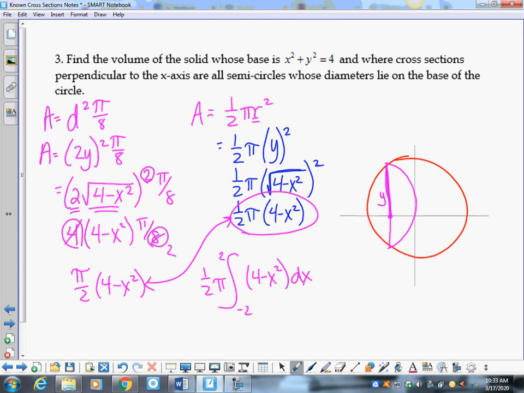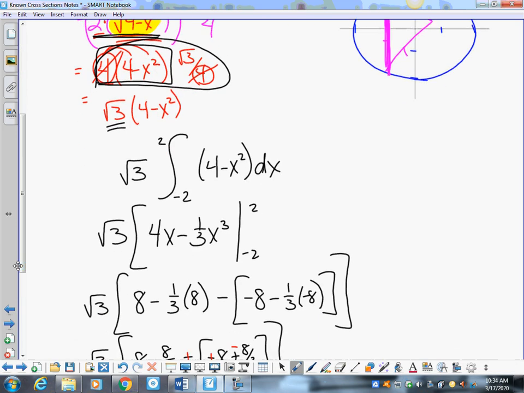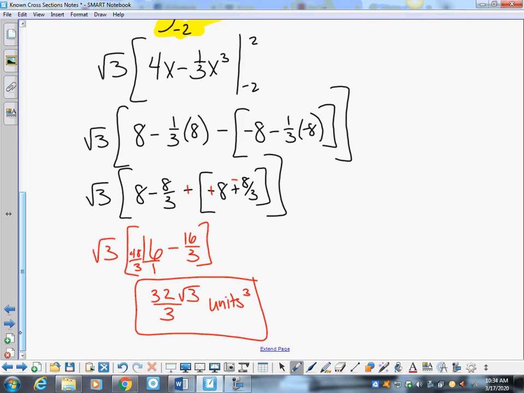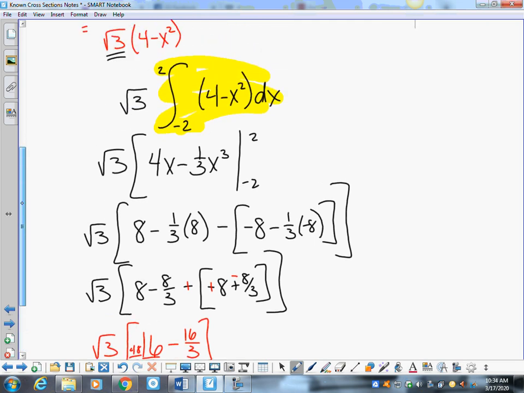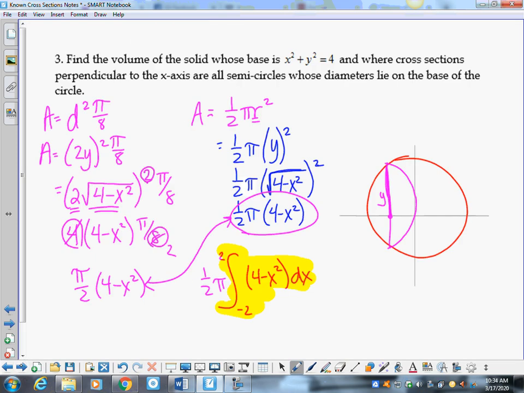Okay, now I am not all about doing extra work, so let's look right here. Isn't that the same as that? Which means all but the root 3, which means this is the answer to that. 32 over 3.